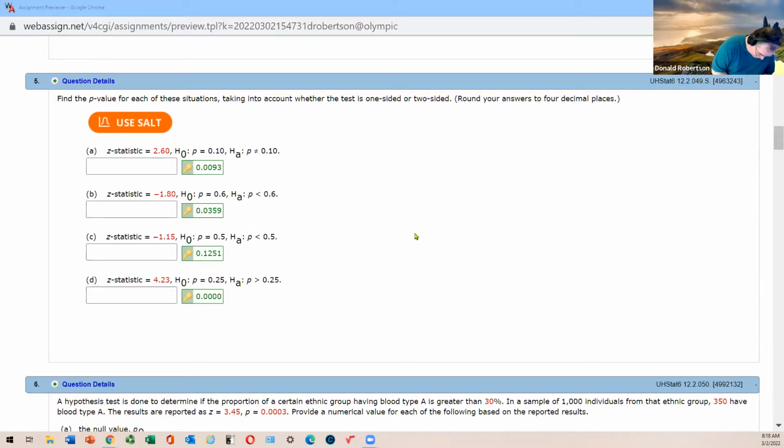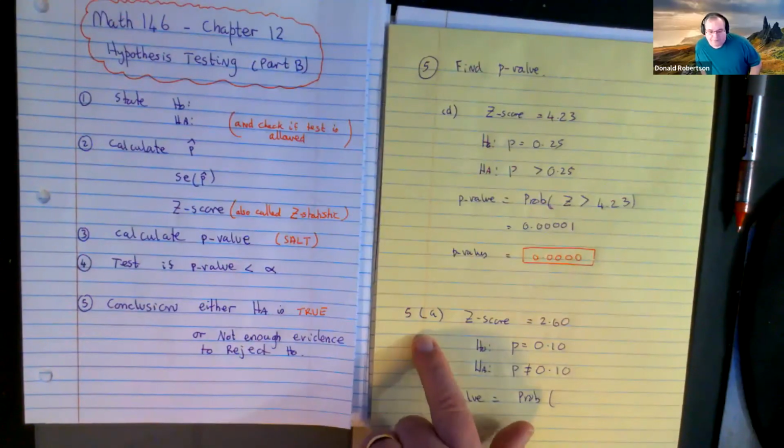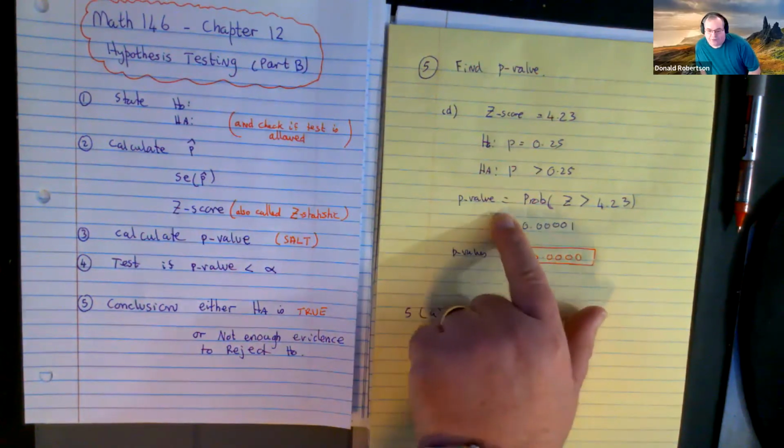So our p-value is going to be the probability, and these are the ugliest looking ones, and I'm not sure you can see what I'm writing. Okay, let me go back in here. No, there. So here's our p-value.